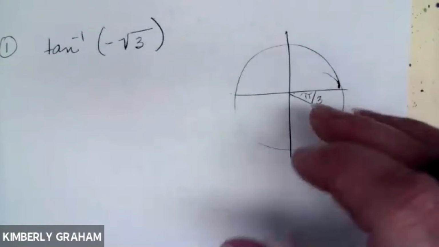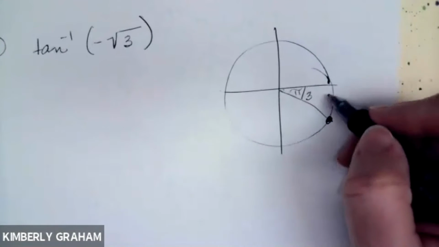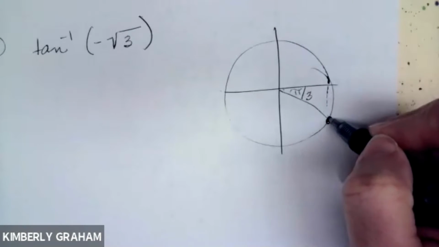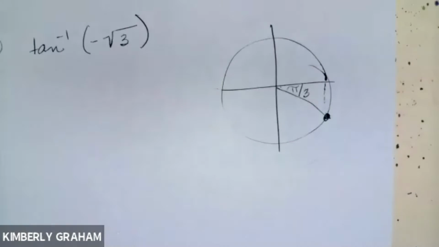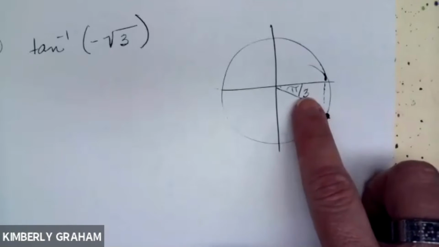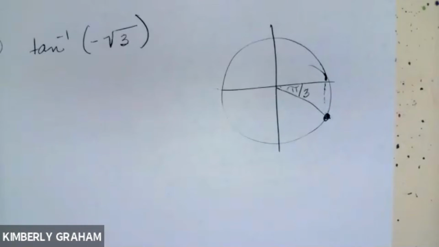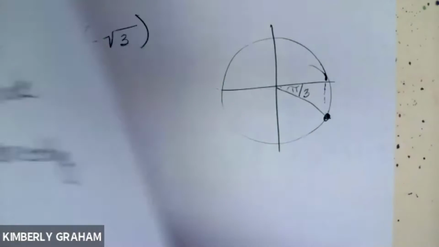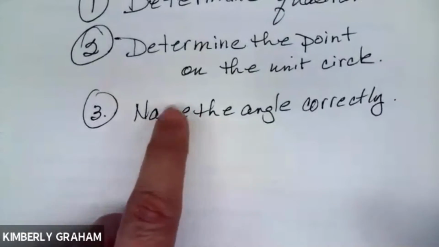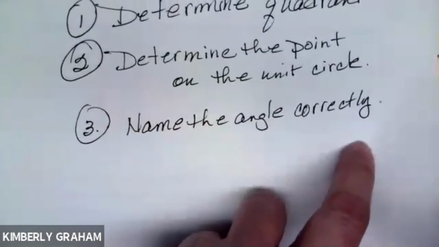That angle is inside this right triangle with a measure of pi over 3, but I want to know the name of this angle, if I'm looking at the restrictions from negative pi over 2 to pi over 2. So that's this third step here, is to be sure I name that angle correctly.